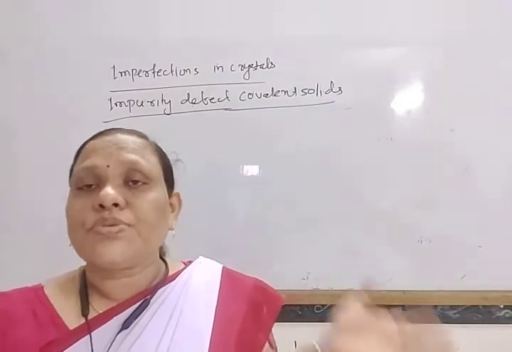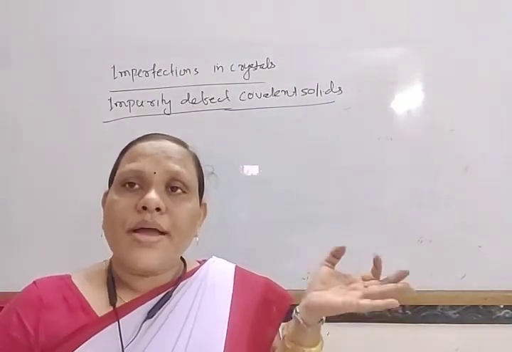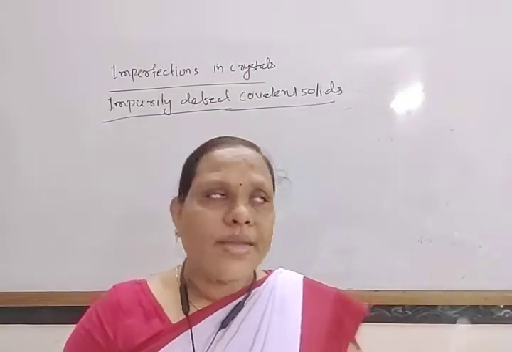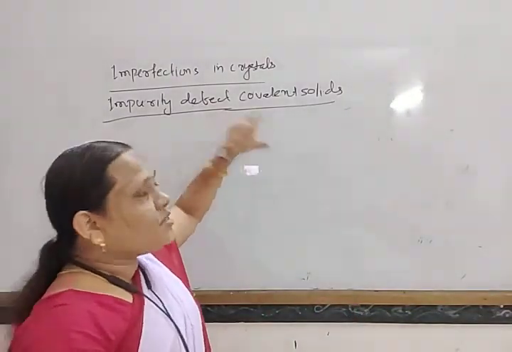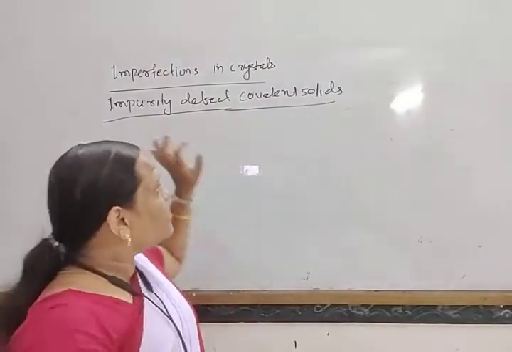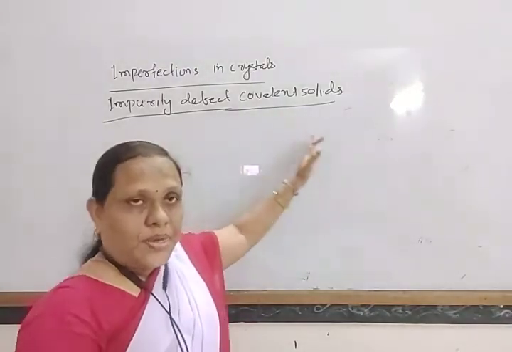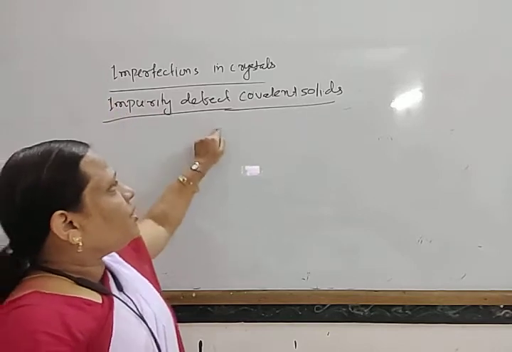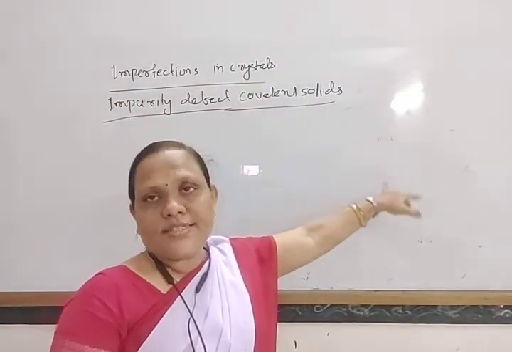So in the crystals of sodium chloride, if some ions of strontium chloride are added, then that is called doping. But doping is very common in case of covalent solids.